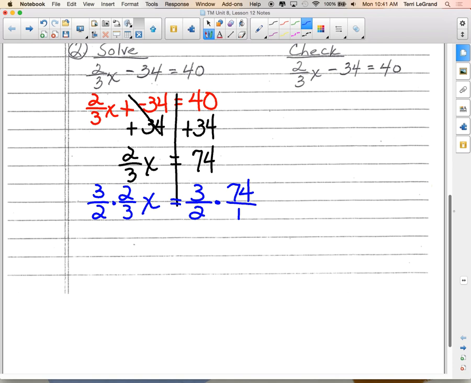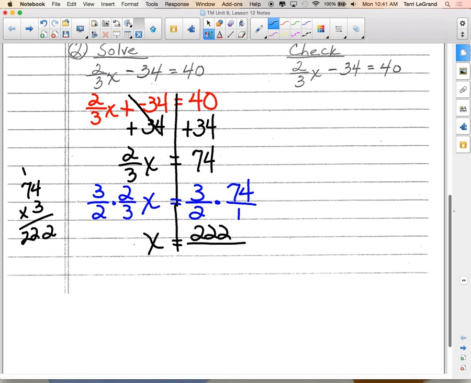Okay. What happens on the left side? What do we have? Just x. This took care of getting a 1x for us. And now we have to do 74 times 3 upstairs. What is that? I get 222.